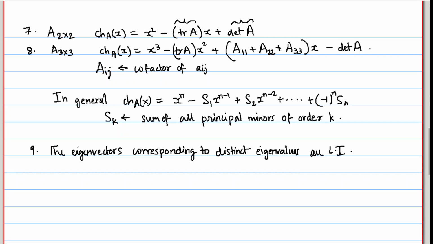So if the eigenvalues are distinct, then the eigenvectors will be linearly independent.